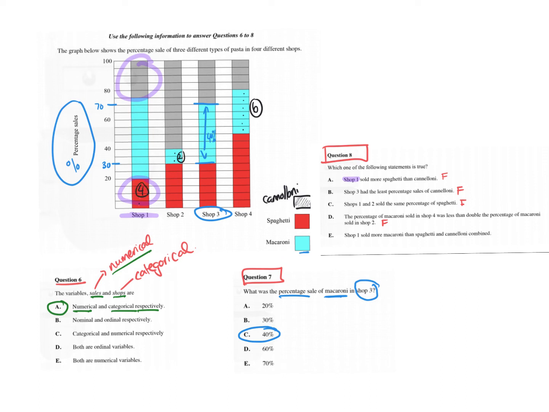And let's just count this for macaroni: 1, 2, 3, 4, 5, 6, 7, 8, 9, 10, 11. 11 macaroni, and then you've got 1, 2, 3, 4, 5 for cannelloni. So the shop sold more macaroni, which was 11, than the spaghetti and the cannelloni combined, which is 9. That is true. So there's our answer.